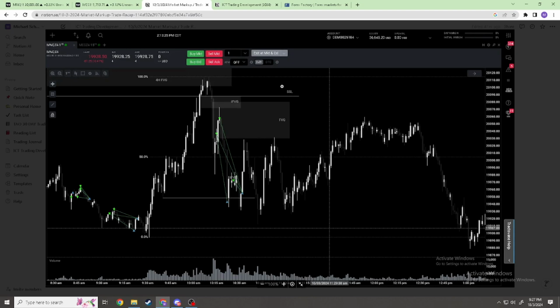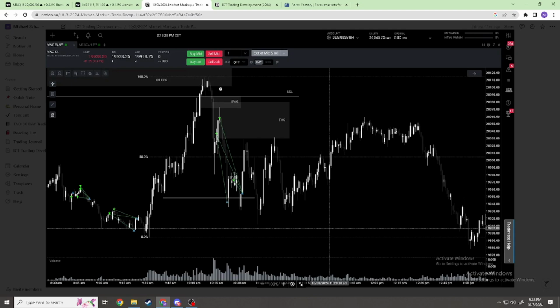This is buy side liquidity. It taps the 4-hour fair value gap, and what do we see? Huge, and I mean huge selling pressure. These large candles, 4 o'clock, and this is after news.